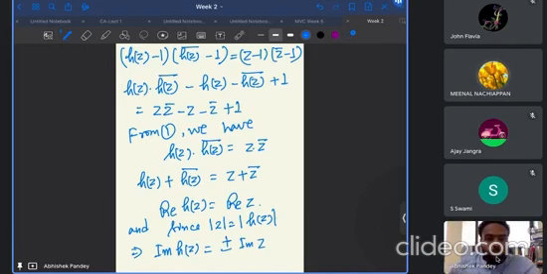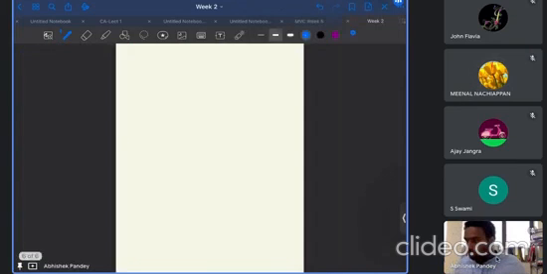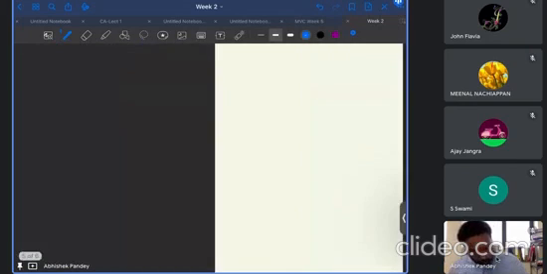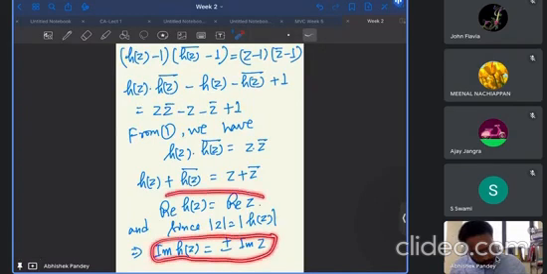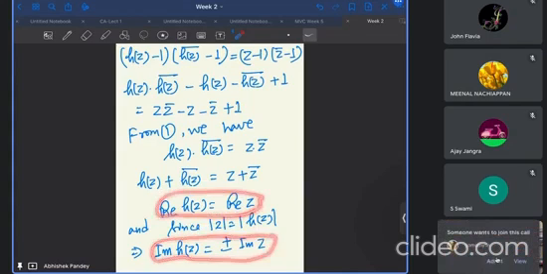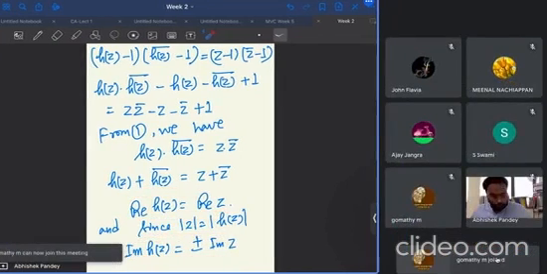If you have any problem, just let me know. Yes, sir. Okay. So now we have this: imaginary part of h(z) is this, and real part of h(z) is basically this. So what would be the form of h(z)?